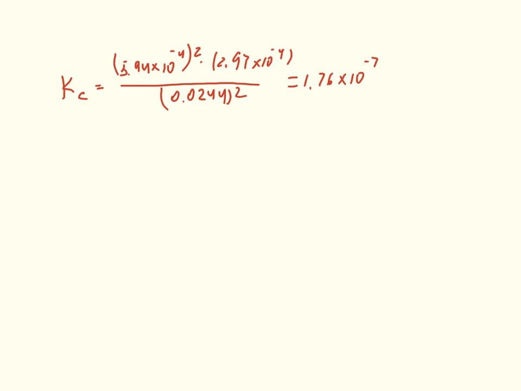So the calculated value of K is close enough to the given one, which is 1.67 times 10 to the power negative 7. And therefore the answer is valid.